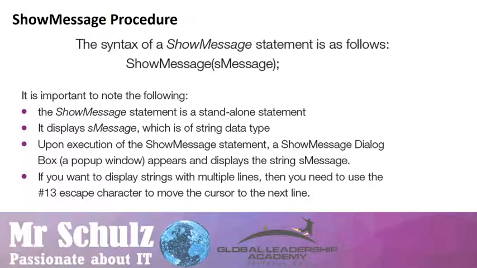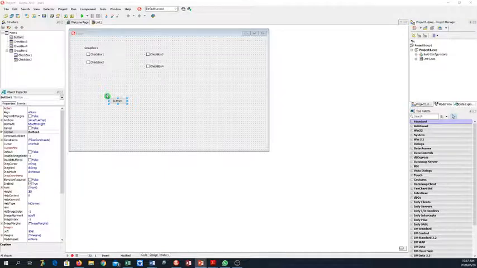All right, let's bring out Delphi. There we go. So I've already created a form, and I've just placed some random checkboxes and group boxes on my form. Just quickly, where did I find the group box?